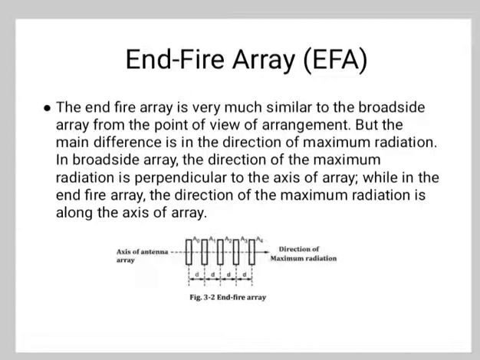So the physical arrangement of end fire array is the same as that of the broadside array. The magnitude of the current in each element is the same, but there is a phase difference between these currents. This induction of energy differs in each element, which can be understood by this diagram.